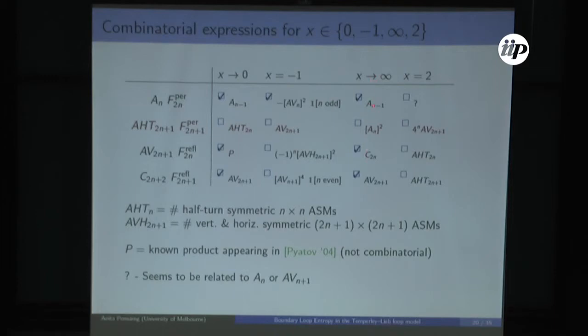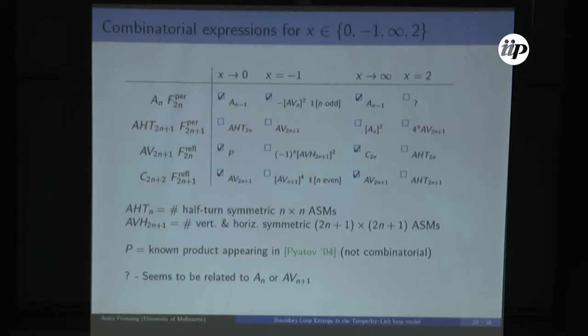The last ones are alternating sign matrices squared, CSTCPPs, vertically symmetric ones. When x is 2, we have, again, the vertically symmetric half-turn ones. And when x is -1, we have, again, vertically symmetric, or vertically and horizontally symmetric alternating sign matrices. But in these cases, there is a dependence on the parity.